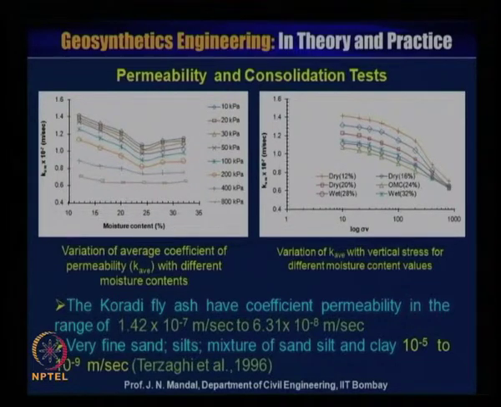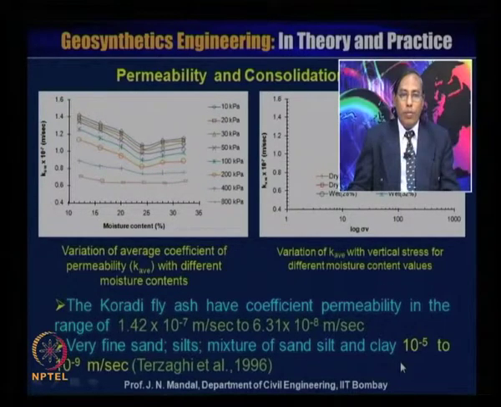It is also observed by Terzaghi et al. 1996 that for very fine sand, silt, and mixtures of sand, silt and clay, the coefficient of permeability lies between 10^-5 and 10^-9 meters per second. So, it satisfies this criteria.